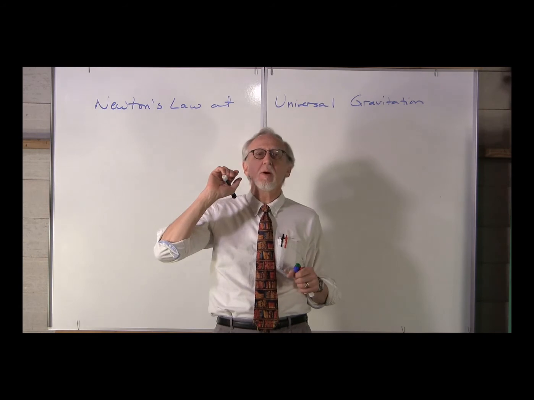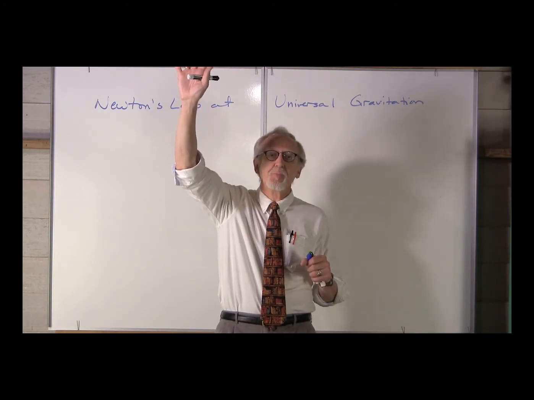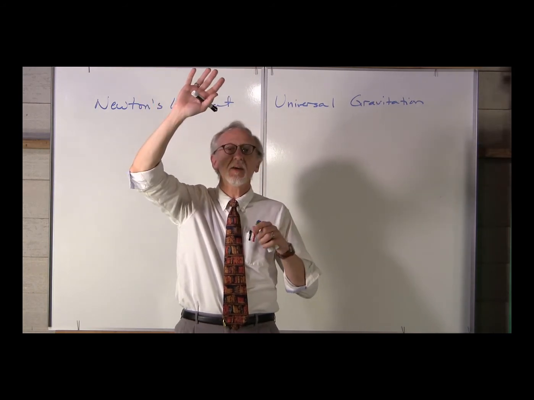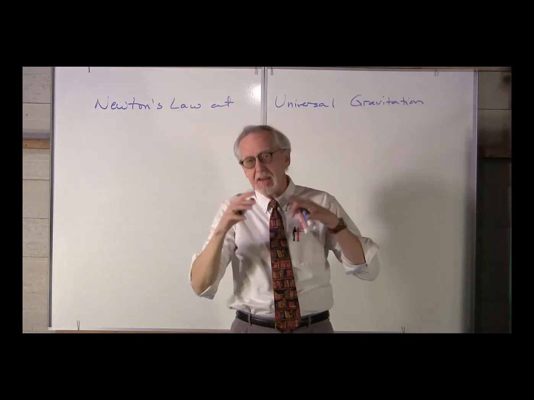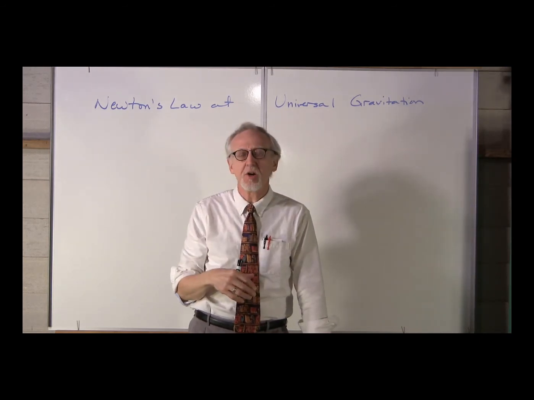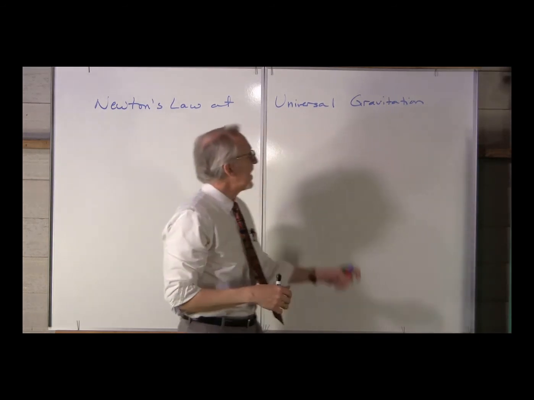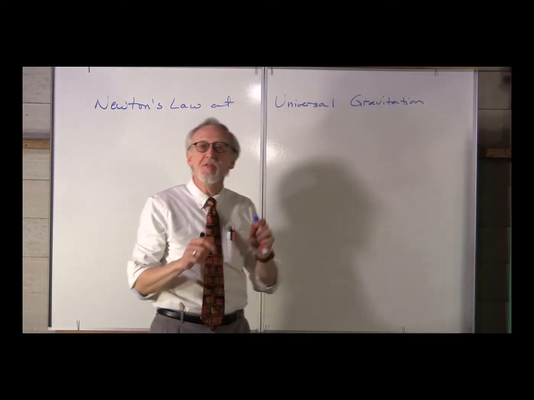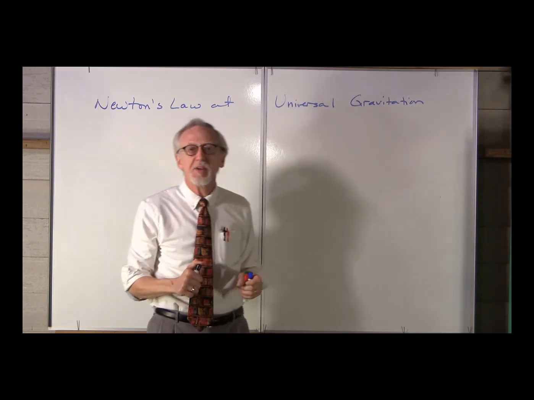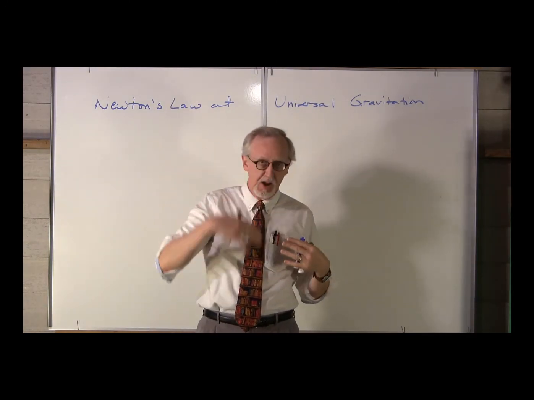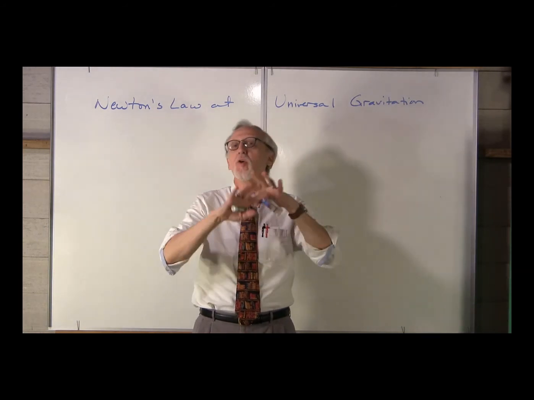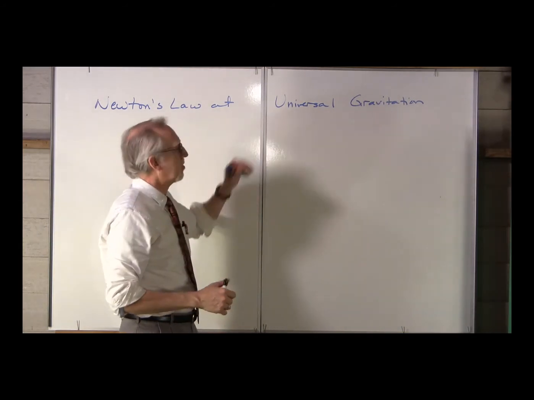So it was thought that there was one law of motions that described motions in the heavens, the motions of the planets and the sun and the moon, and a different set of laws that govern motions here on the Earth, in the terrestrial realm. What Isaac Newton showed was that the law of universal gravitation worked in both realms, the celestial and the terrestrial. There was a single law for the universe, this law of gravitation.